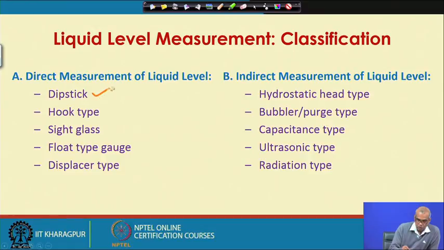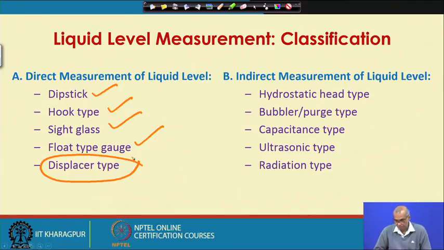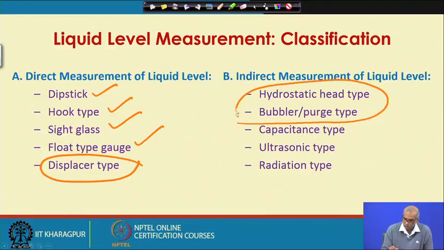So, we talked about dipstick, hook type, sight glass, various float types including float and shaft. So, let us start with displacer type. After that, we will talk about hydrostatic head type and bubbler or purge type, which come under indirect measurement of liquid level.